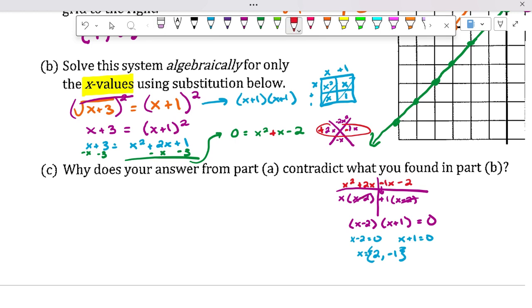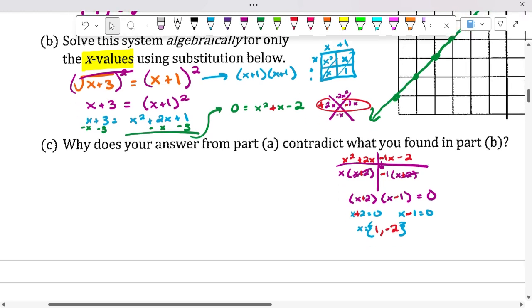Okay, my bad. So these factors are actually supposed to be x plus 2, x minus 1, because I screwed up. It's an easy fix. You just got to flip signs. So your answers are positive 1, negative 2. That was my fault.